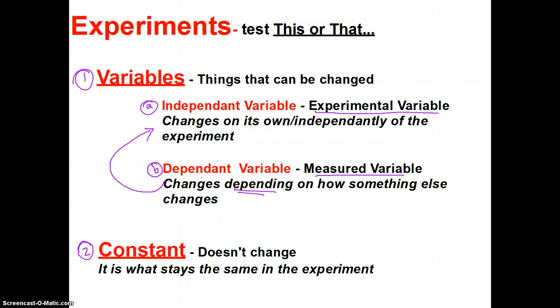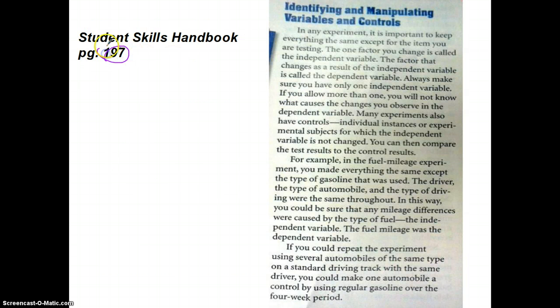Now in the textbook, on page 197 in the student handbook, there's a little section on identifying and manipulating variables and controls. Really what we want to look at here is, in any experiment, it is important to keep everything the same except for what you are testing. So first, there are our constants.